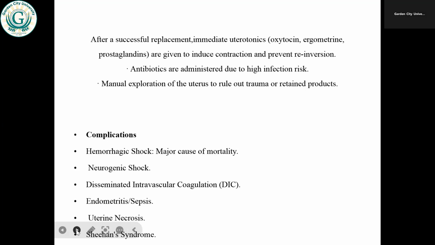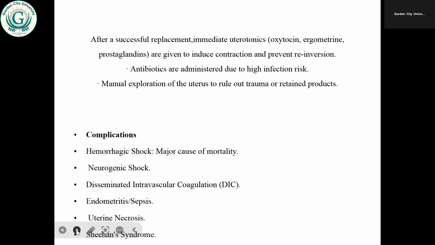Also, neurogenic shock can take place since there are many nerves supplied to the uterus. So when the uterus pulls out together with its other structures, it will affect the nerve supply, leading to neurogenic shock.